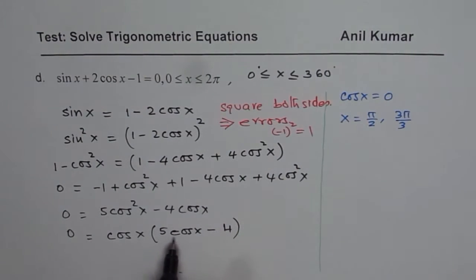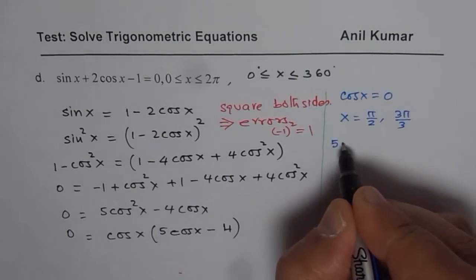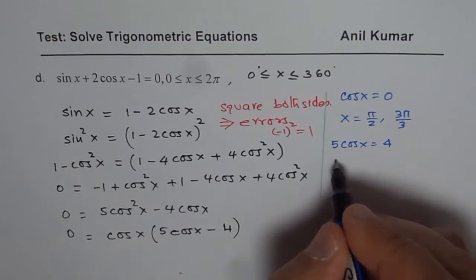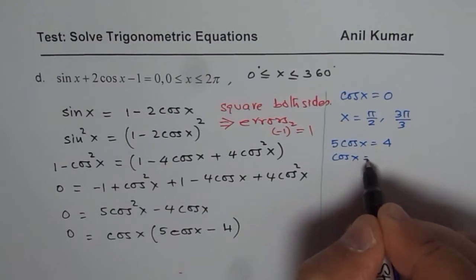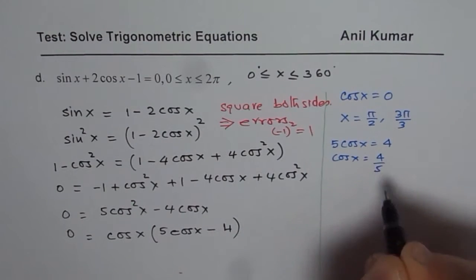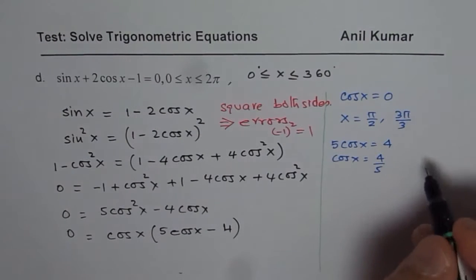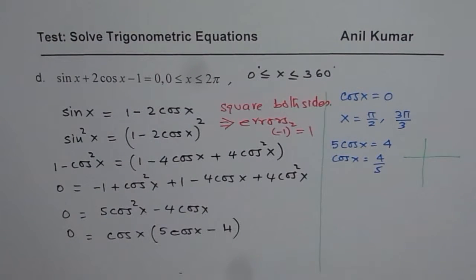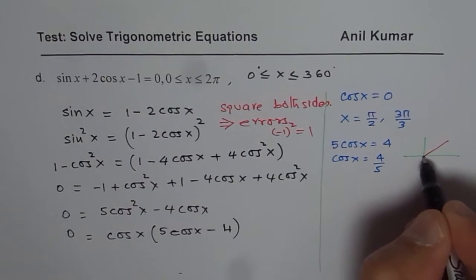As far as the other part is concerned, we have 5 cos x equals 4, or cos x equals 4 over 5, right? That means we could have solutions in two quadrants. It's a positive value, so we could have solutions in quadrant 1 or in quadrant 4.